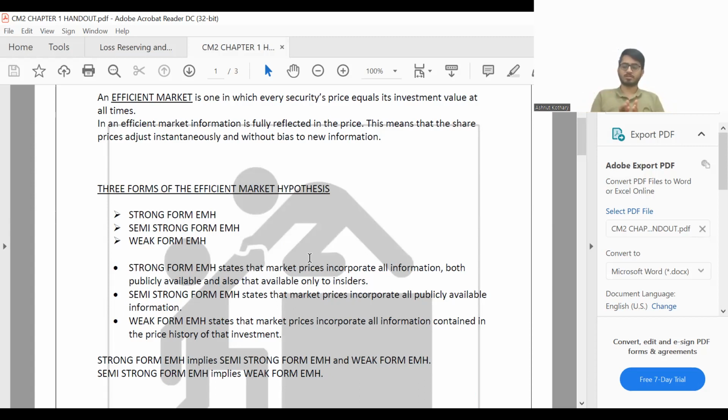Now just see how we are going with the hierarchy. The strong form basically encompasses what? All available information. Keep in mind, I'm talking about all available information as of date. It could be that in future certain new information comes in. Today, on 17th May, the prices are reflecting all known available information, whether privately held or publicly held.